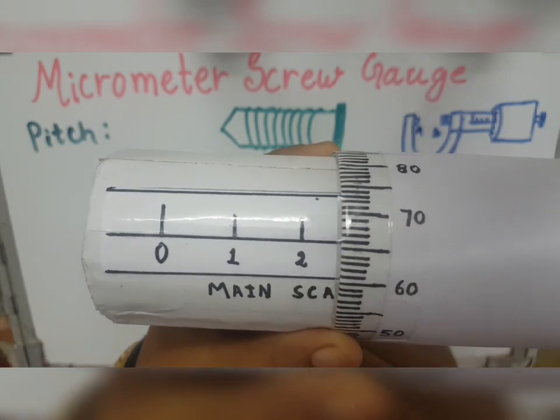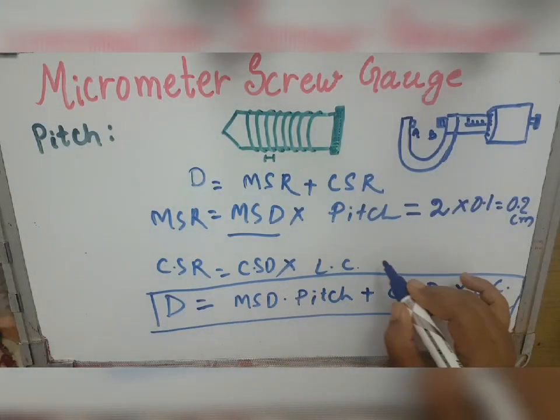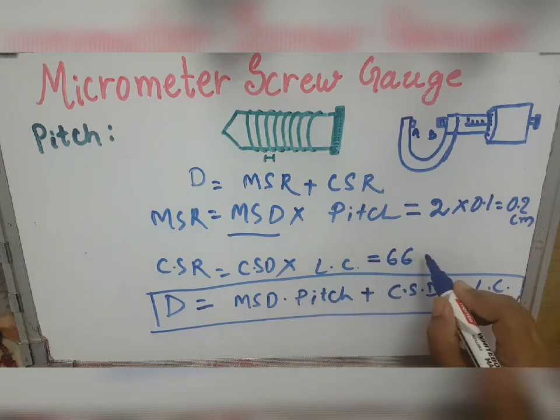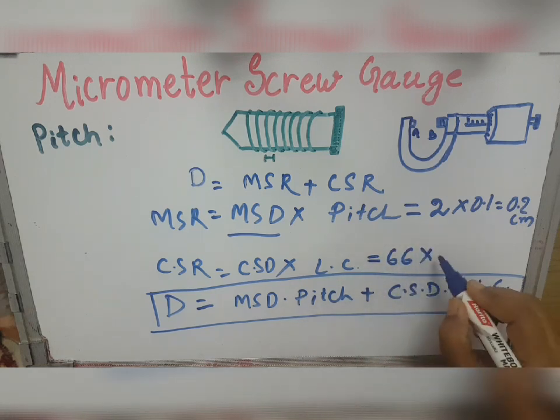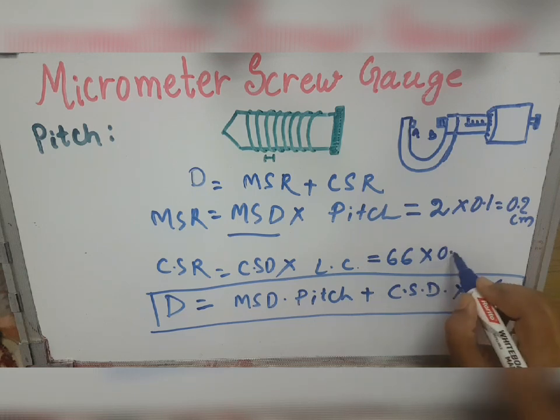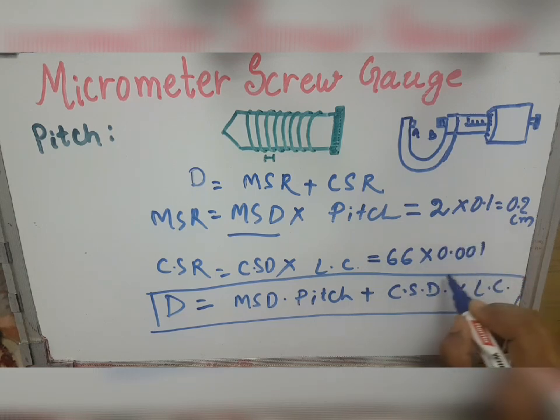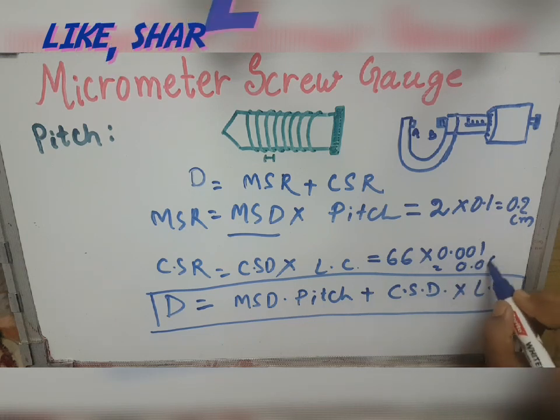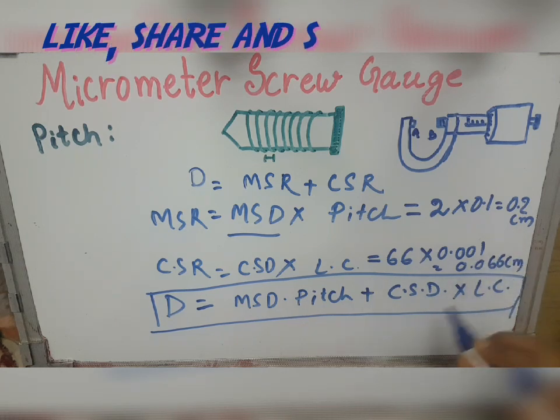So the circular scale division comes out to be 66 into least count we have calculated to be 0.001, which equals 0.066 centimeter.